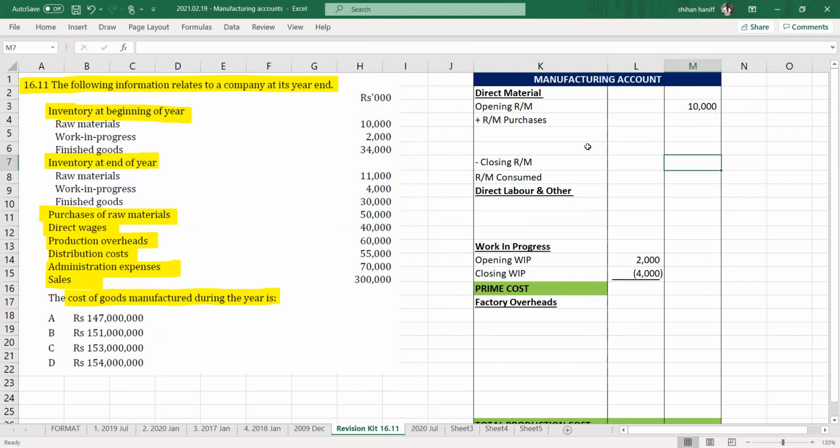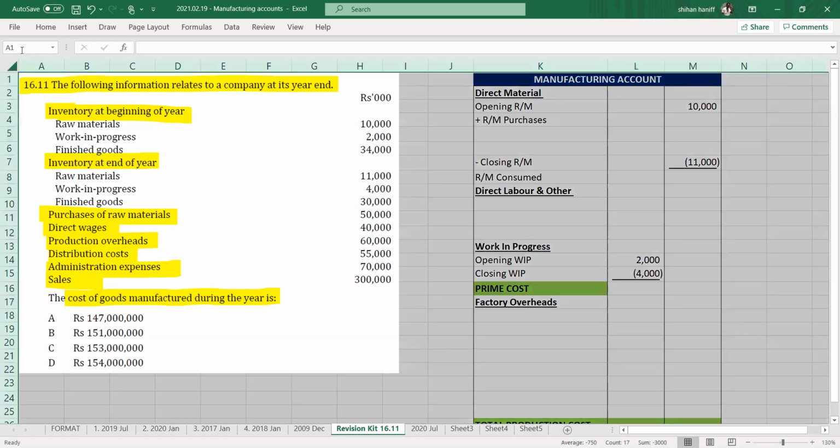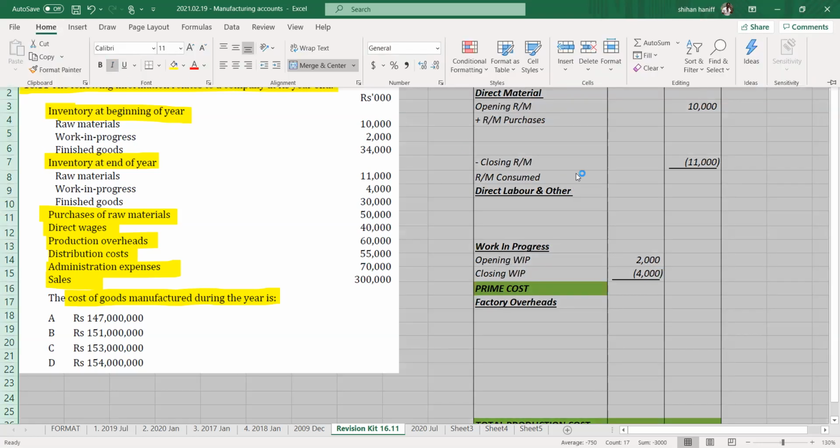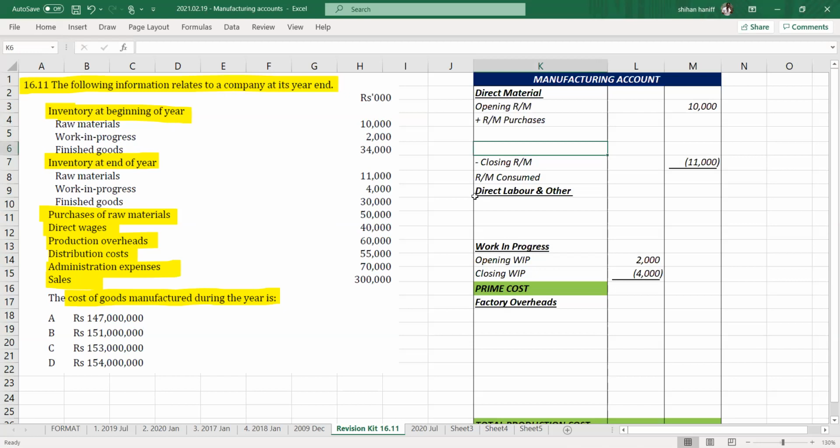Closing raw material is 11,000. Purchase of raw material, 50,000.